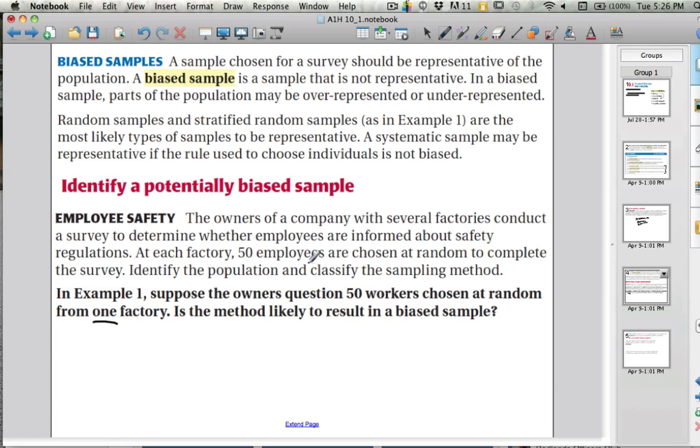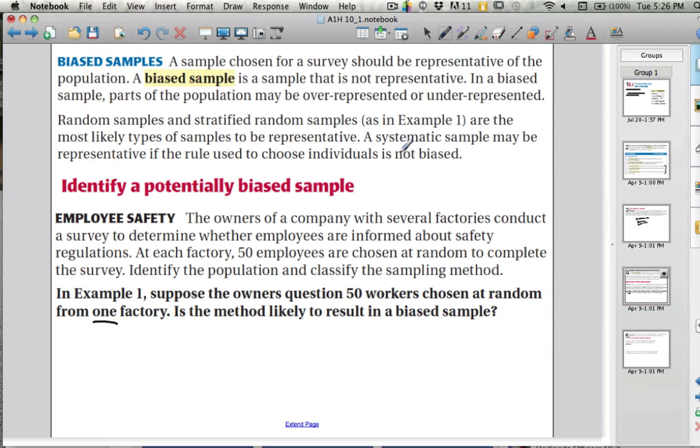For all we know, this one factory has a boss who's a real jerk, and so they have a different view of working for the company than the employees of the other factories. So a biased sample is a sample that's not representative. We're ignoring the views of all the other factories by only looking at the employees of one factory, and that introduces bias.